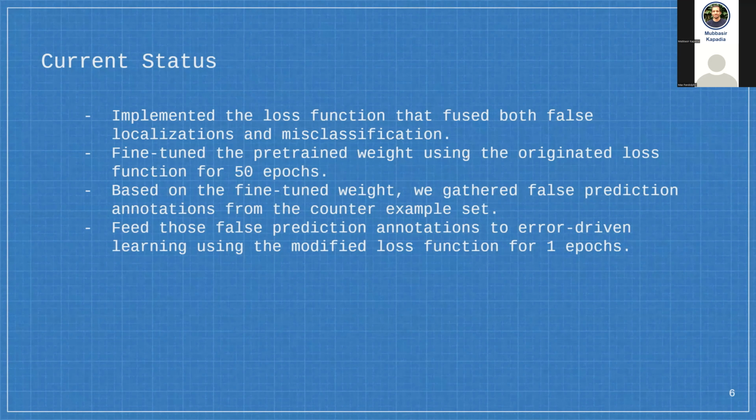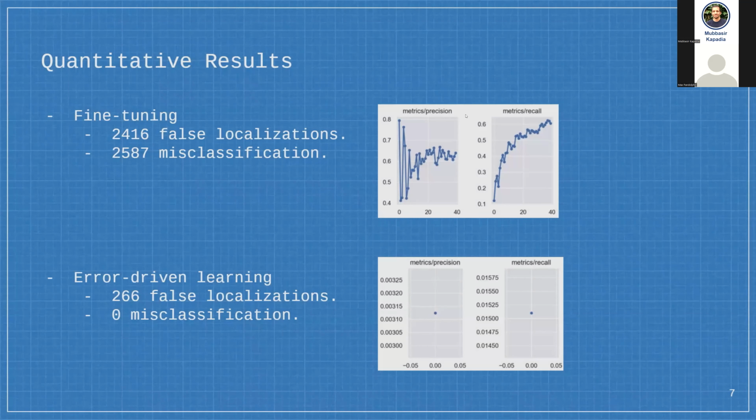And here's some results we got. On the left-hand side is the 50 epochs of training, because it was initiated with 10 epochs of training. So I just attached the last 40 epochs of the curve.